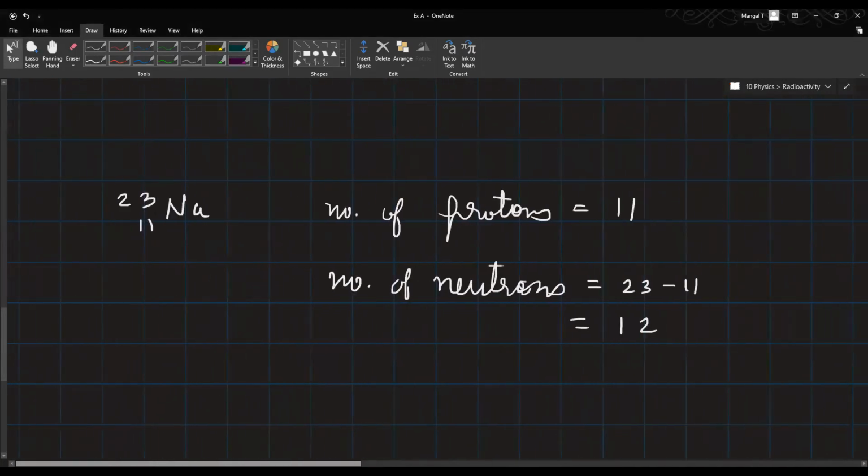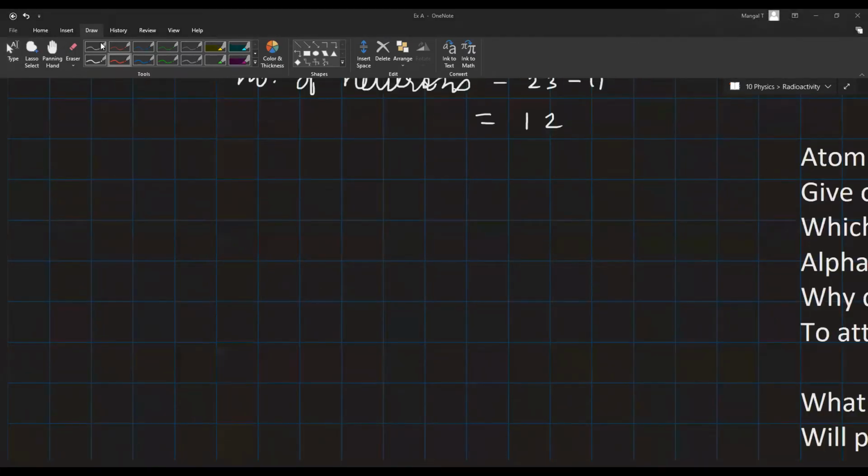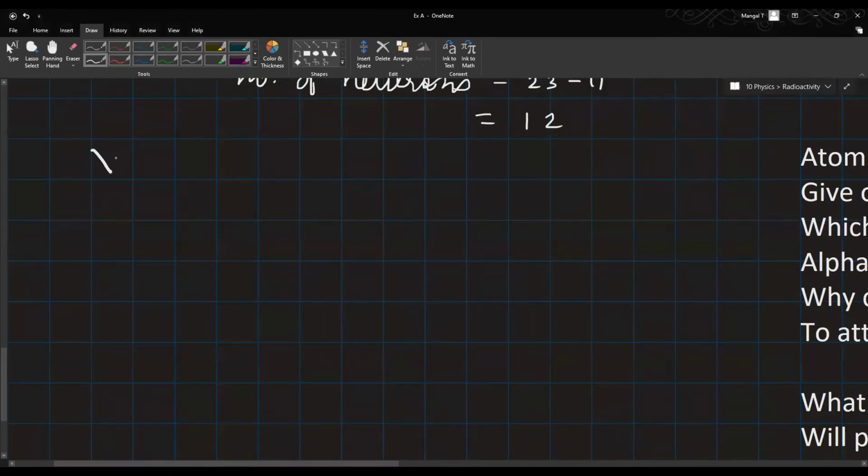Okay, now moving ahead, we are going to study what happens when one alpha particle is given out and when one beta particle is given out. So this is a radioactive substance.